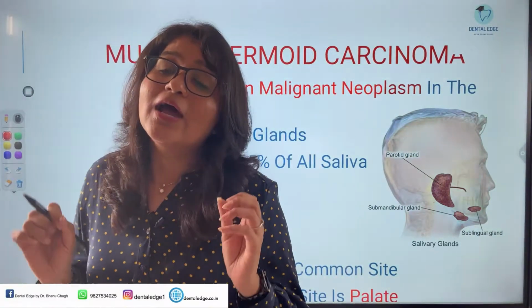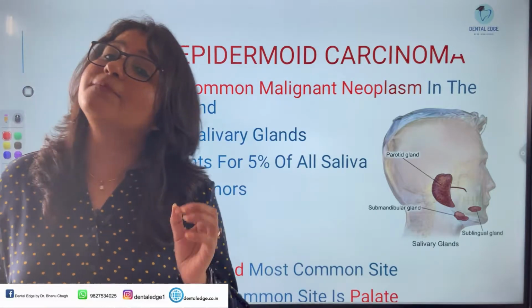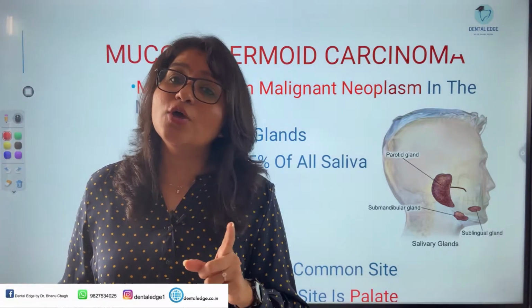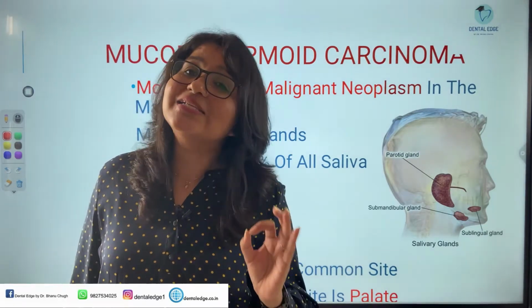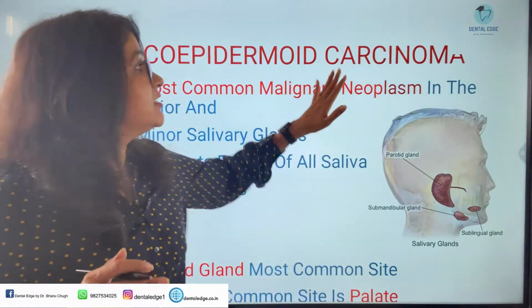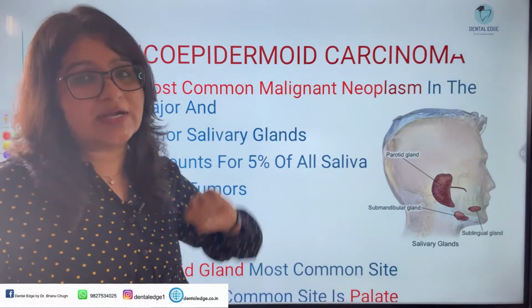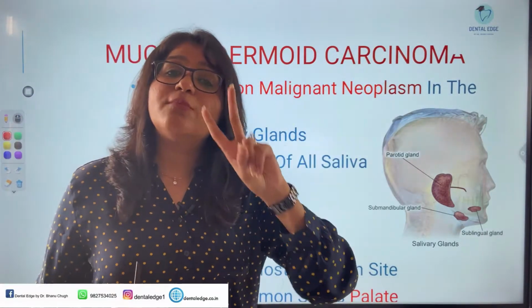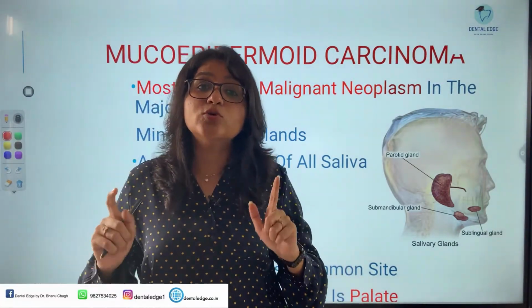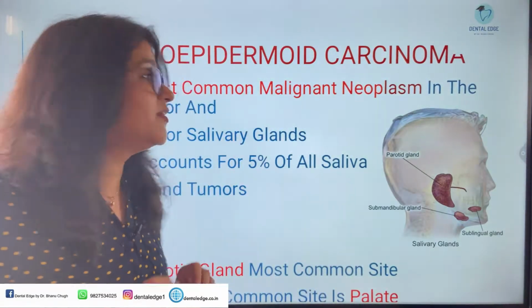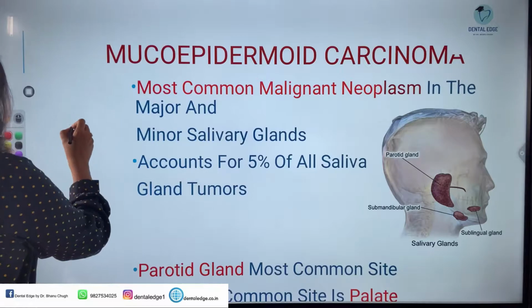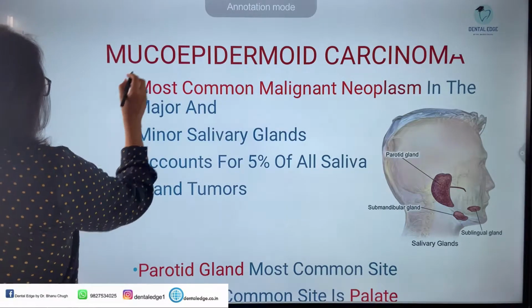Then mucoepidermoid carcinoma, one of the most important questions is that it is the most common malignant salivary gland tumor occurring in both major and minor salivary gland tissue. So, if somebody asks you which is the most common malignant salivary gland tumor, the answer is mucoepidermoid carcinoma. From this, we come to one more question, which is the most common salivary gland tumor, and the most common salivary gland tumor is pleomorphic adenoma, right?